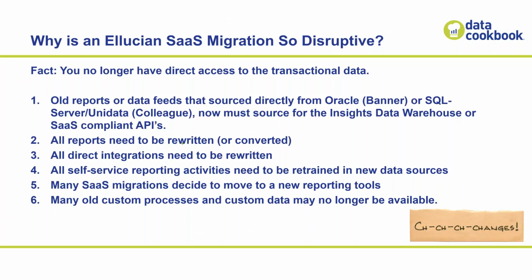Plus, if you had custom tables and custom views inside the application, those also won't work. Now, there is the ability in Ellucian SaaS to do sort of extended data, so you might be able to replace some of those things with similar or equivalent extended data attributes within SaaS.